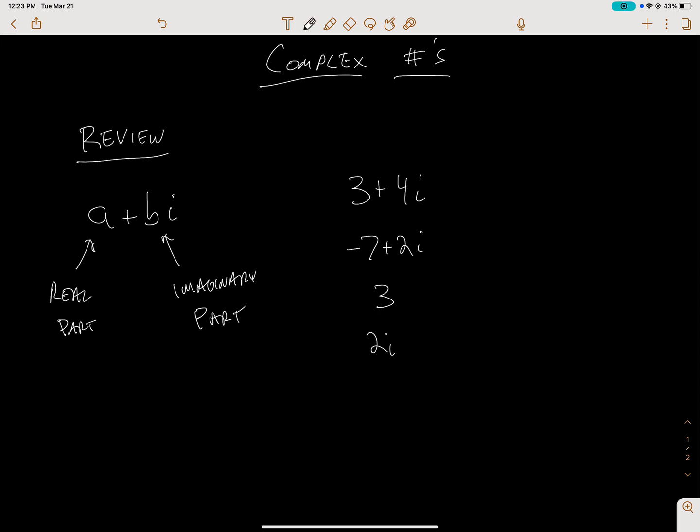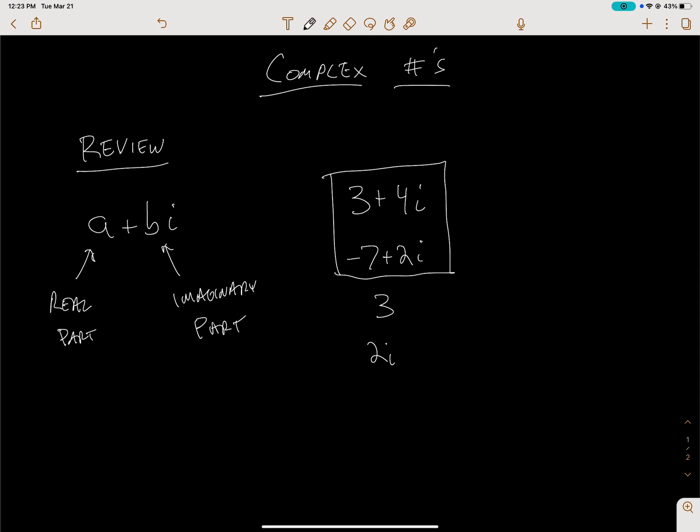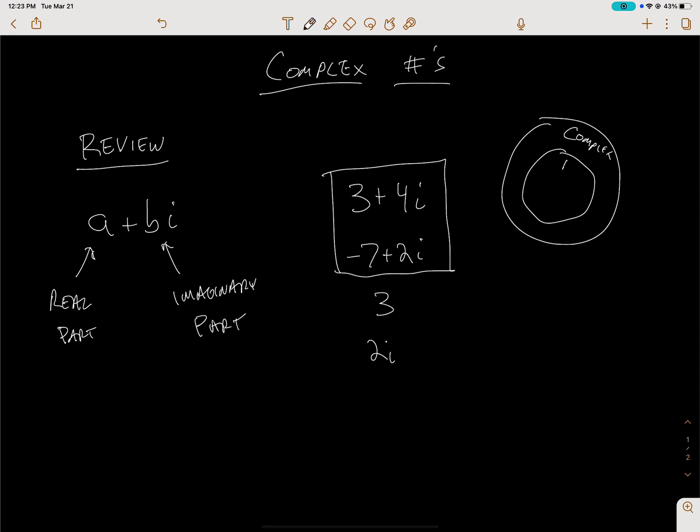But when I say a complex number, I'm kind of thinking about the kind with an imaginary part as well. So if we were to look at sets of numbers, it's like using a diagram. This would be our set of complex numbers. Let me write it in here, complex. Then inside of that, we would have real numbers.